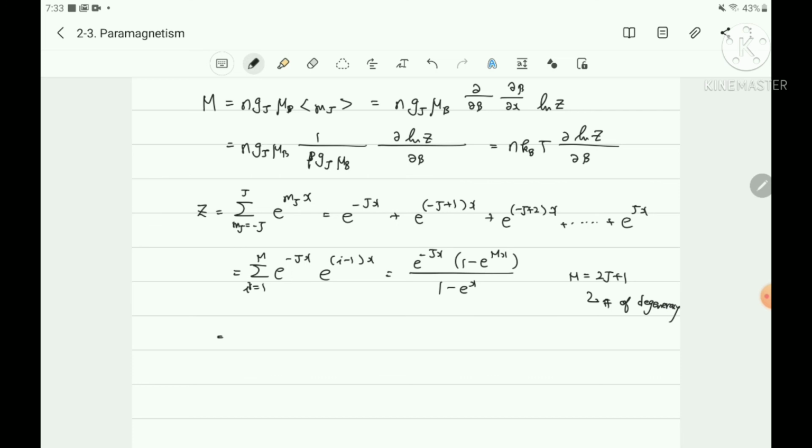Here let's calculate. It is exponential minus jx times 1 minus exponential x to the 2j plus 1, over 1 minus exponential x.